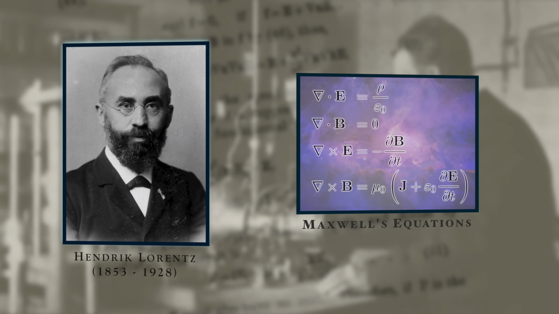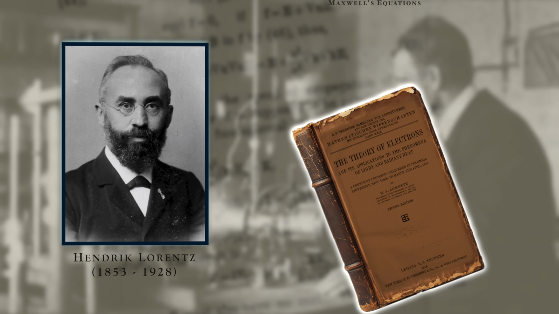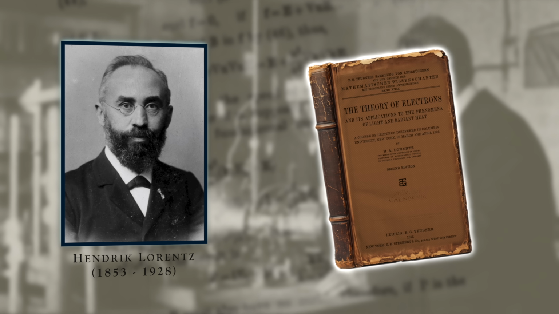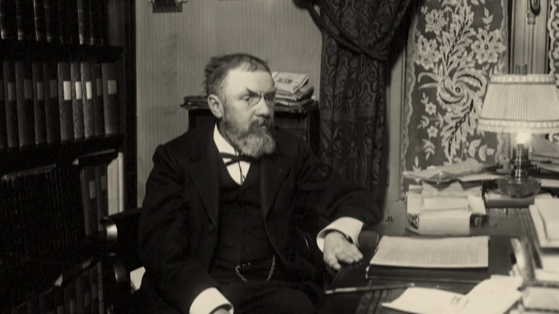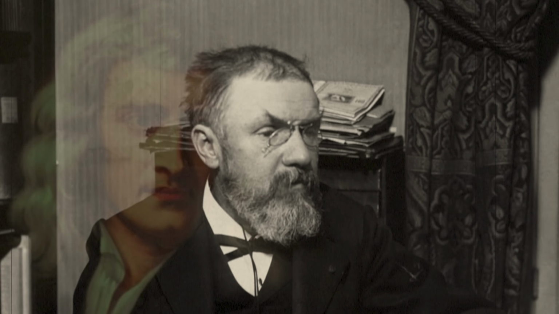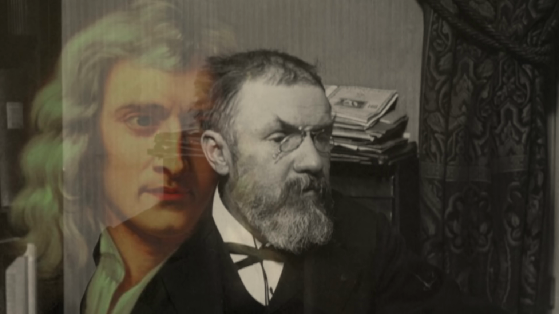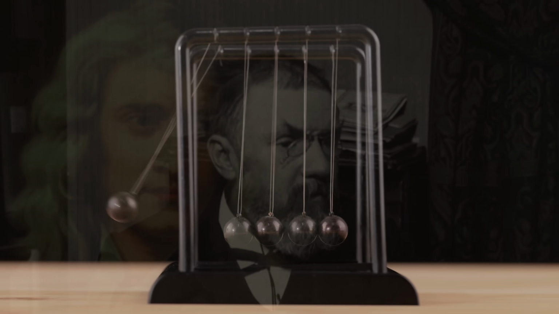And although works like Lorentz's theory of the electron were revolutionary in their own right, other physicists like Poincaré felt they were highly problematic. In particular, Poincaré understood they suffered from a crucial problem, which was that they didn't obey Newton's third law, the law of action and reaction.